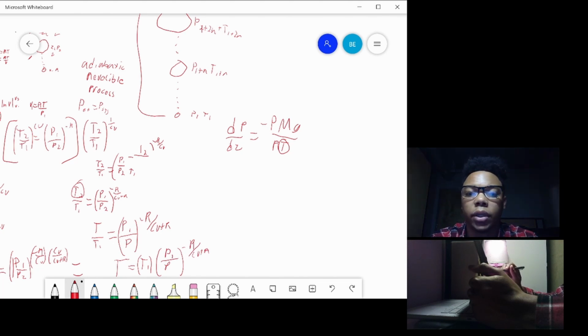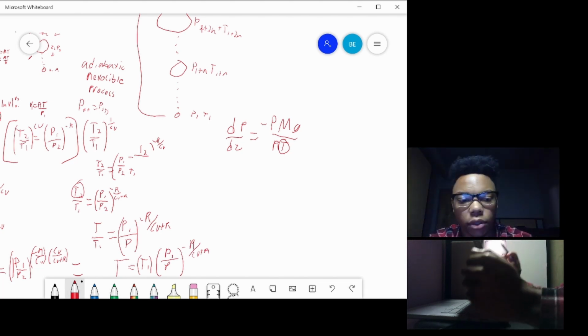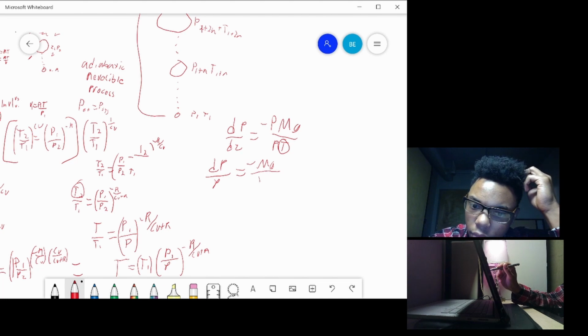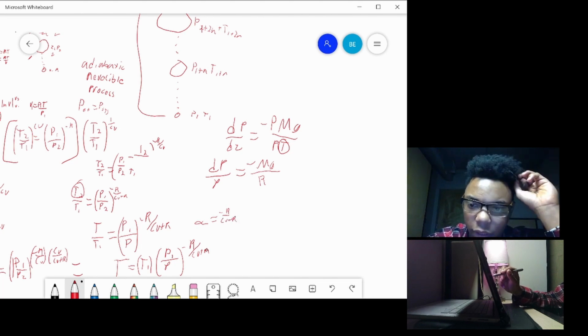And what we get to do with this is throw it right into that equation. So first we're going to separate everything, and we get dP over P equal to mg over R, and we're going to have alpha equal negative R over CV plus R, just so we don't have to keep writing that.